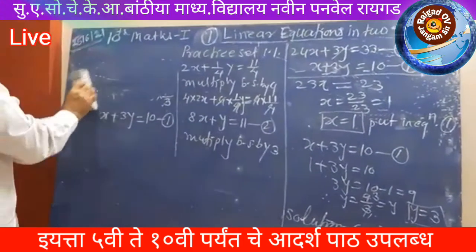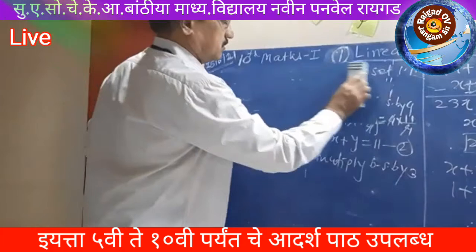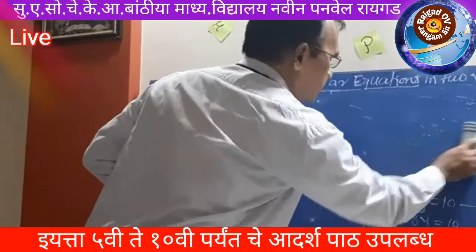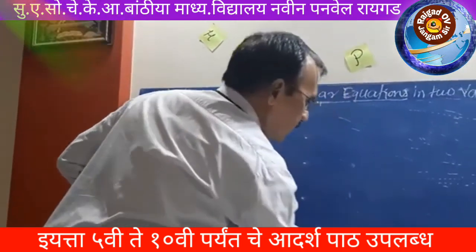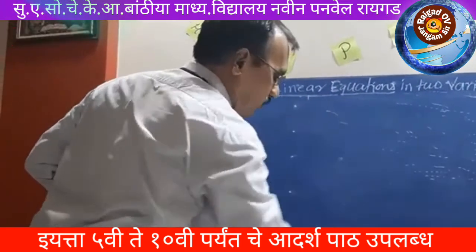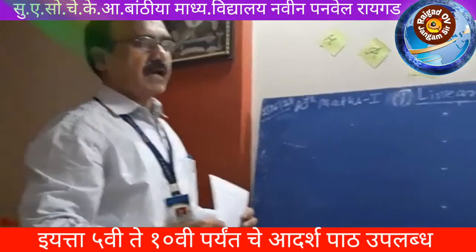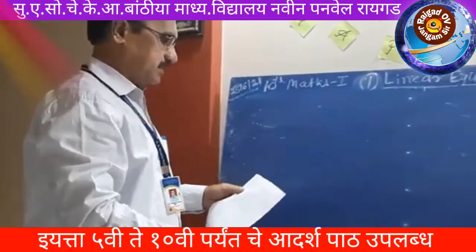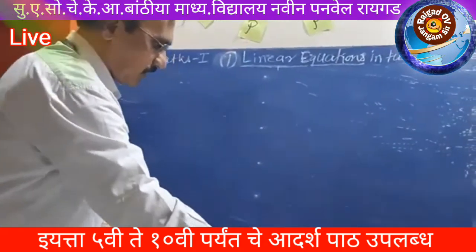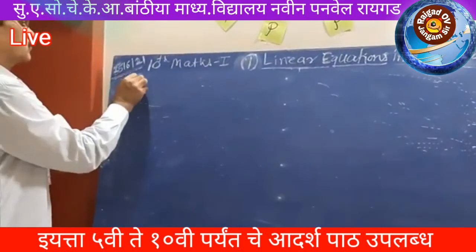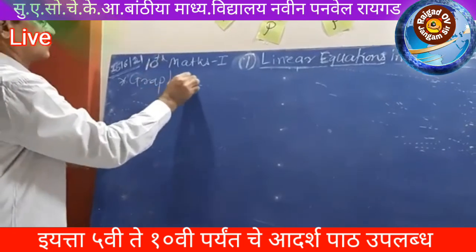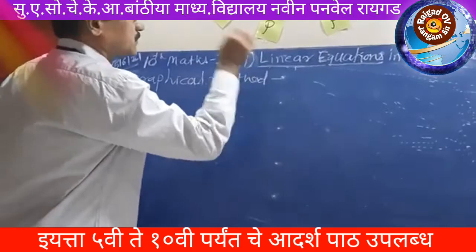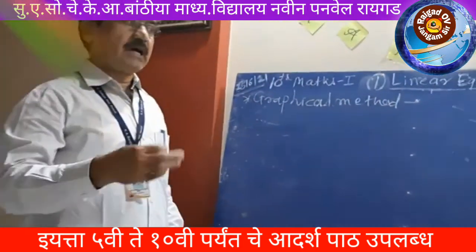Now we are going to see the next method of solving simultaneous equations, and that is the graphical method. Yesterday we saw equating coefficients, and addition and multiplication if cross coefficients are the same. But now this is the second method, the graphical method. This method is also known to you from last year.